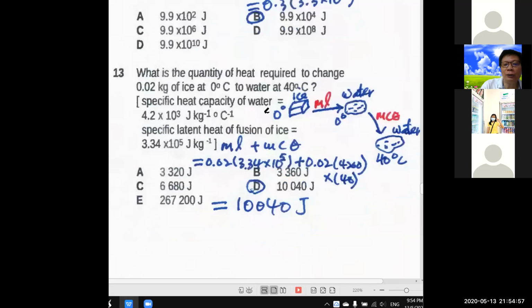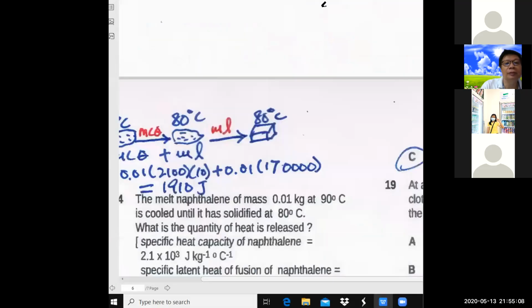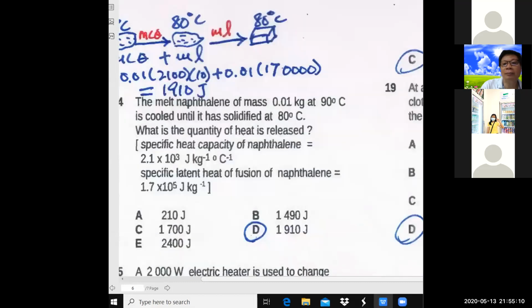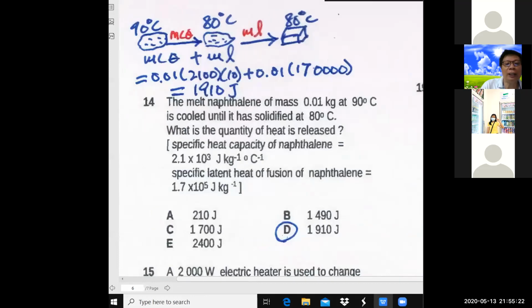Okay, we move on to question 14. Question 14 is here. Does this question 14 have many stages?